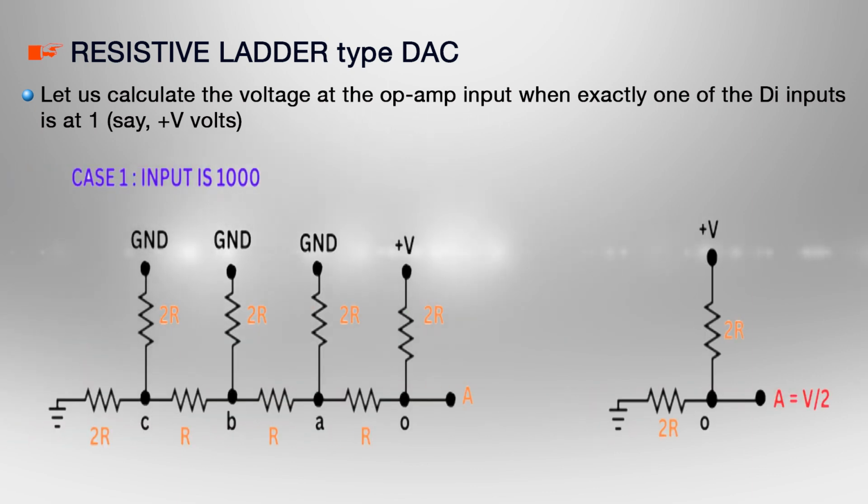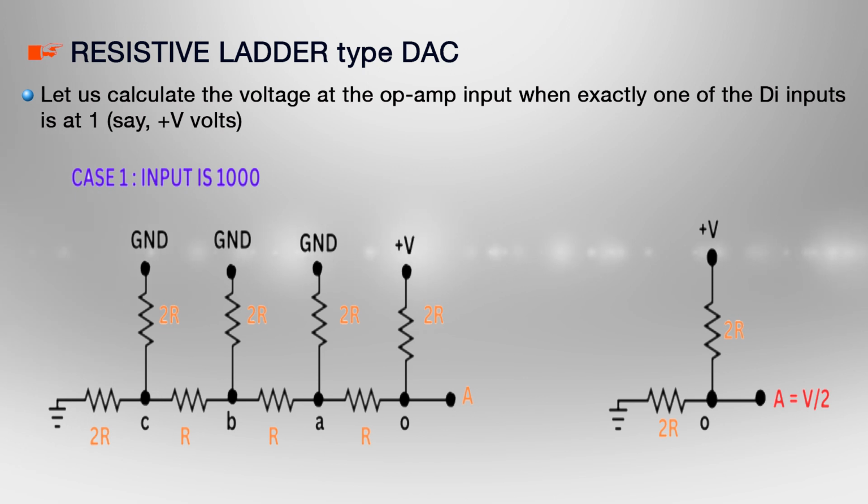Let us have case 1, where the digital input is 1 0 0 0, that is MSB is 1 and other bits are 0. Look at the leftmost part of the circuit. Resistors 2R and 2R are connected between point C and ground. It means both are in parallel. Solving them, we get an equivalent resistance R between point C and ground. Now, this resistance R and the resistance between point C and B of value R are connected in series.